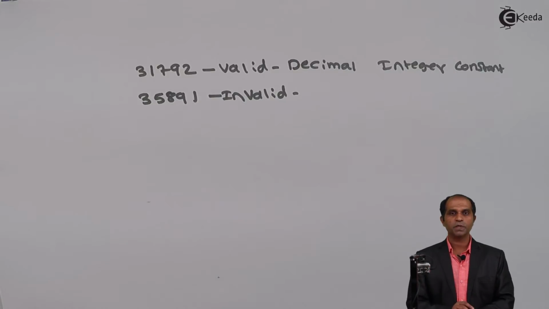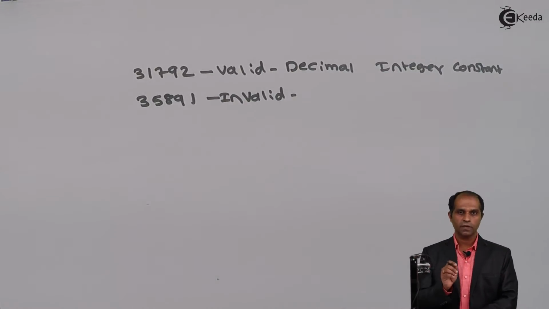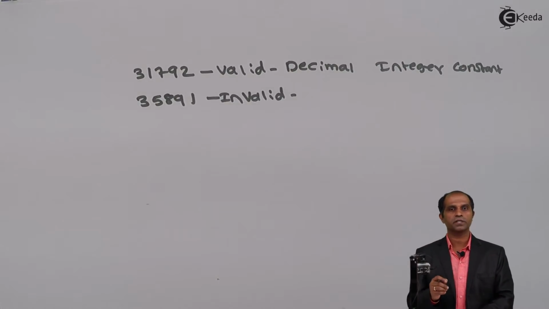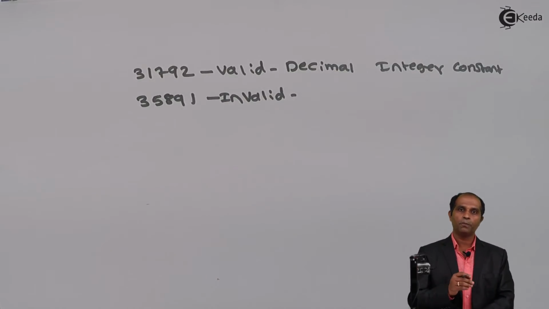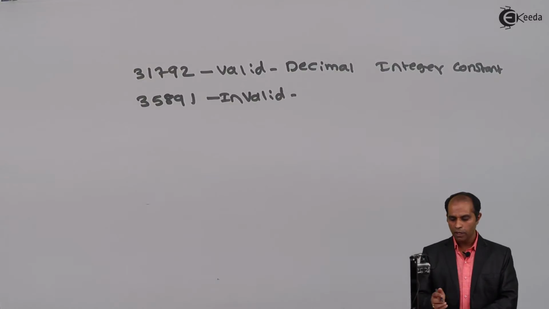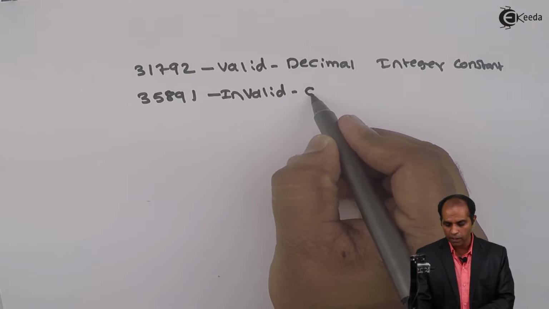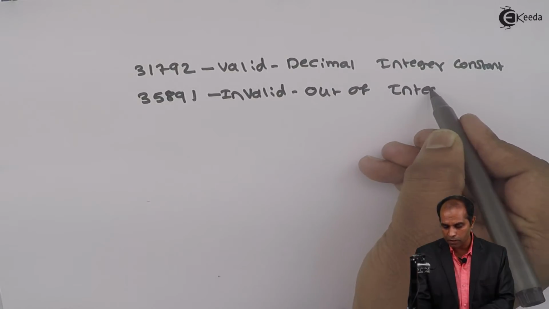The range specified for an integer constant is 32,768 on the negative side and 32,767 on the positive side. The number 35891 crosses the positive limit of the integer value, hence it is invalid, and the reason for invalid is out of integer range.